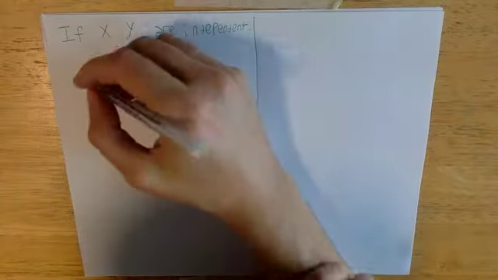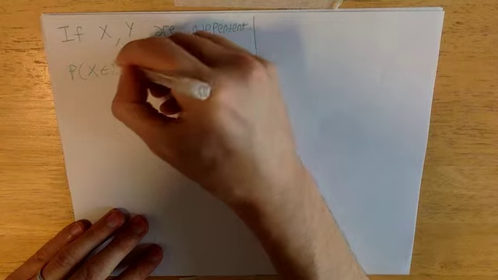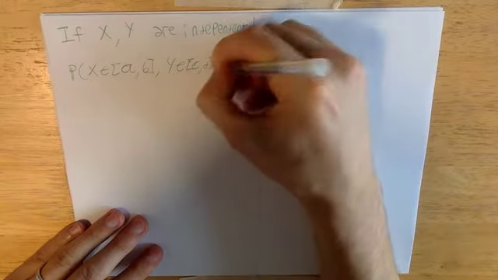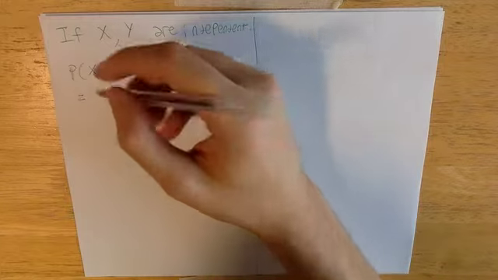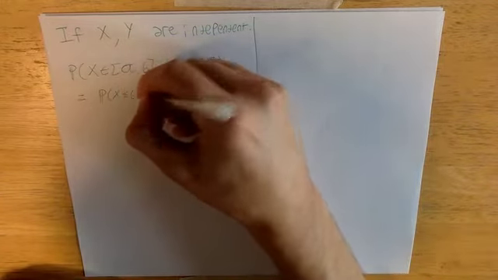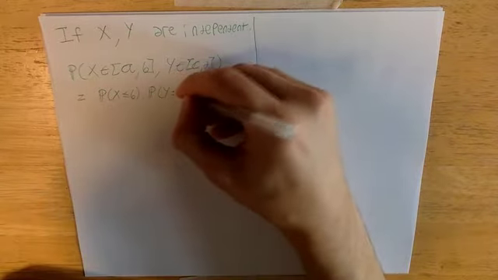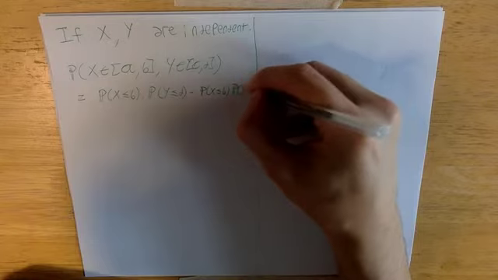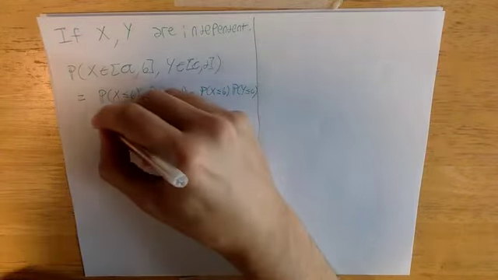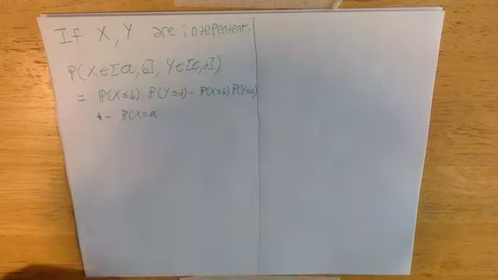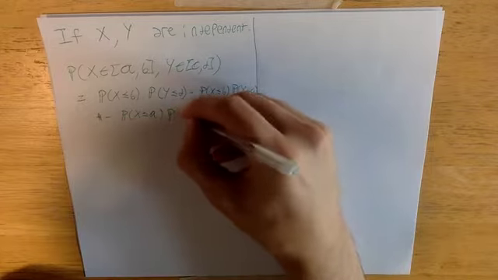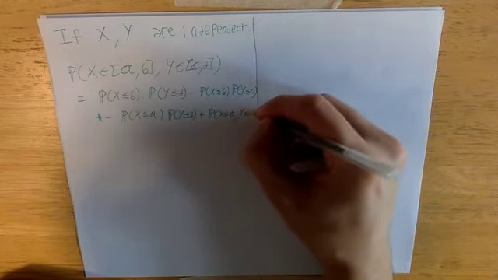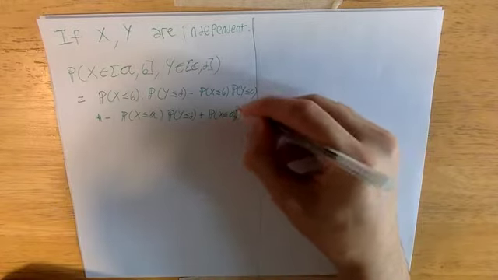If X and Y are independent, then the probability that X is in (a, b] intersection Y is in (c, d] is going to be equal to the probability that X is less or equal than b times the probability that Y is less or equal than d, minus the probability that X is less or equal than b times the probability that Y is less or equal than c, minus the probability that X is less or equal than a times the probability that Y is less or equal than d, plus the probability that X is less than a times the probability that Y is less than c.